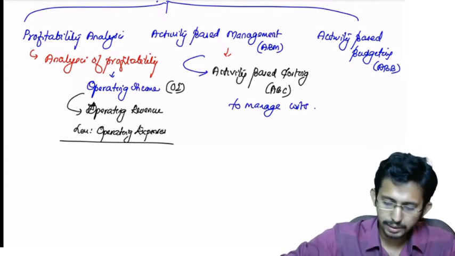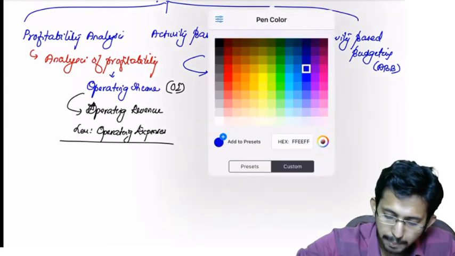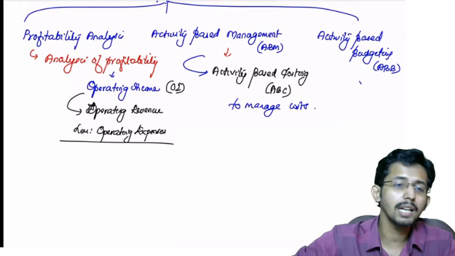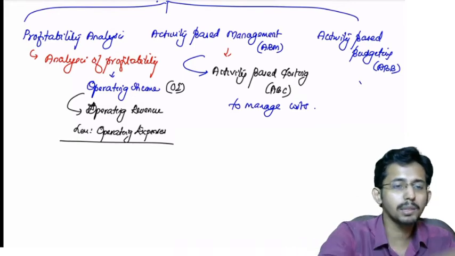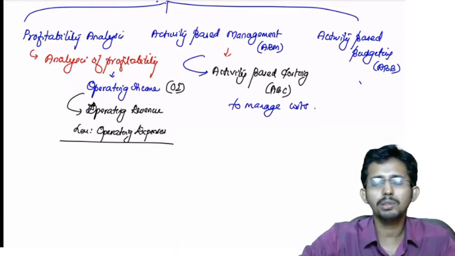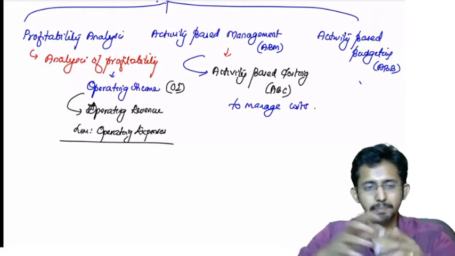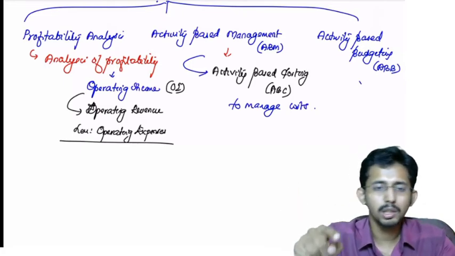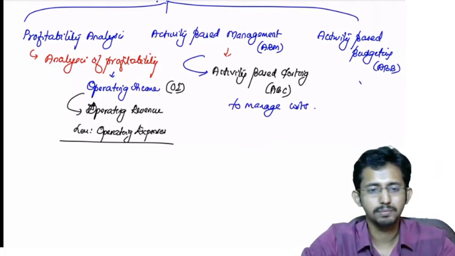Okay, now there is one more item, activity based budgeting. What do you mean by activity based budgeting? When you say that your entire cost is driven by activities and your entire costs are managed by ABM, then your budgeting should also be in line with what? Your ABC. Am I right?